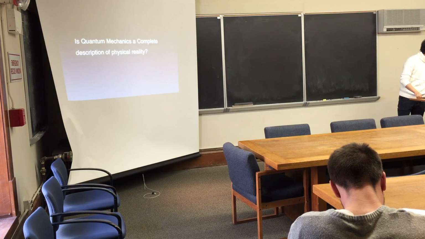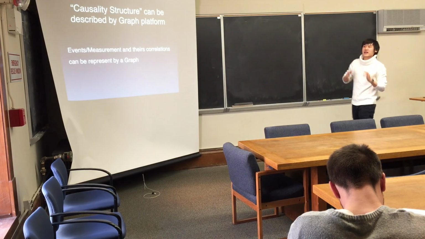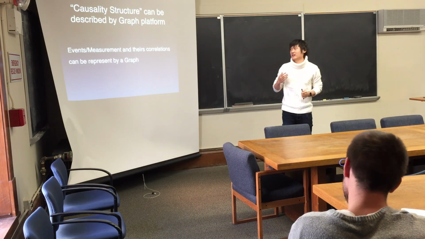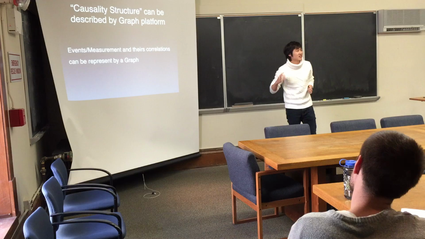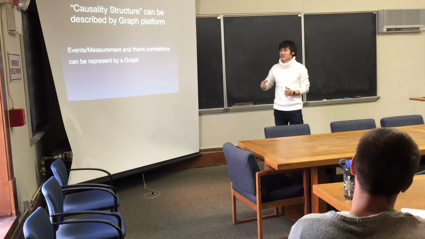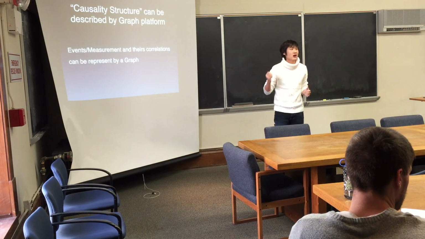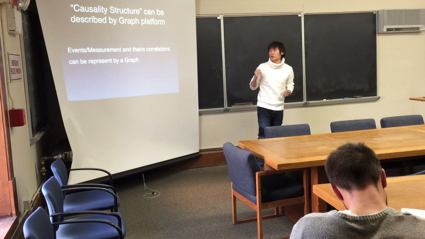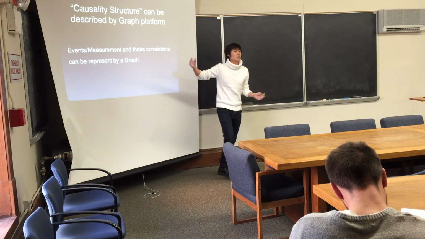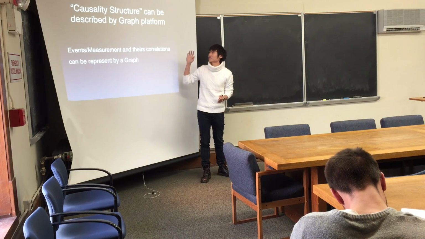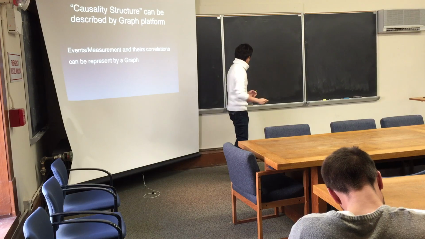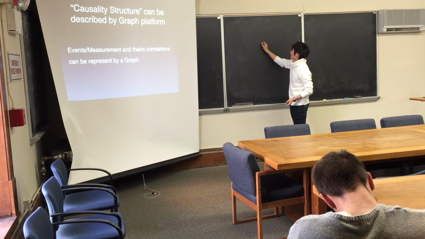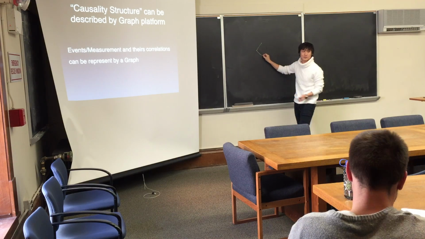The main idea of this work is that the causality structure of nature can be described by a graph platform. For those who know a little about graph theory, a graph simply contains vertices and the linkages or edges between them.